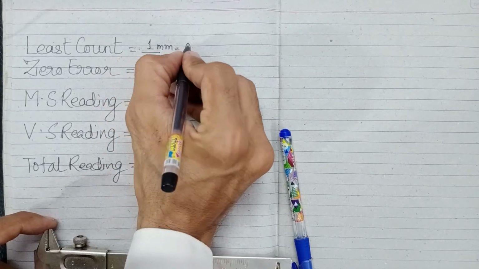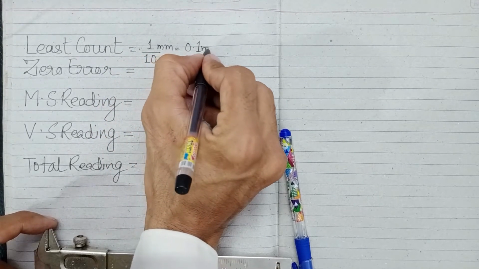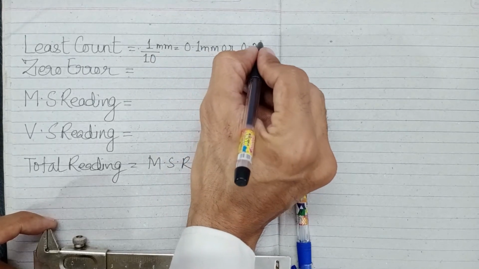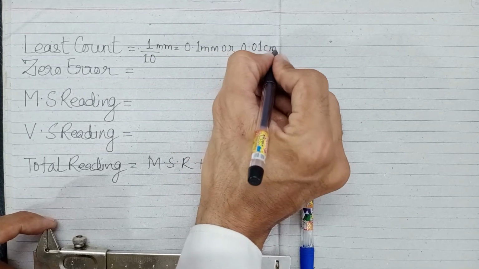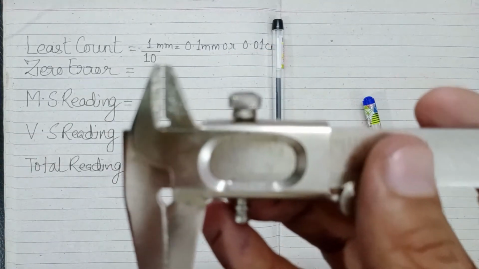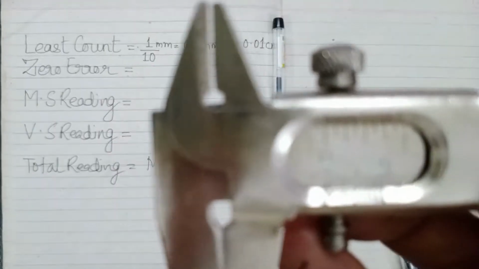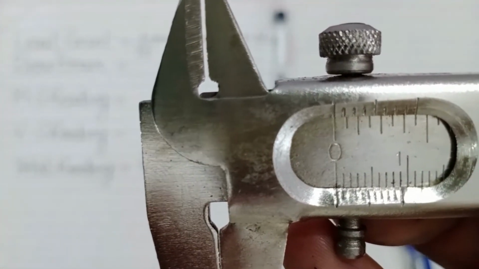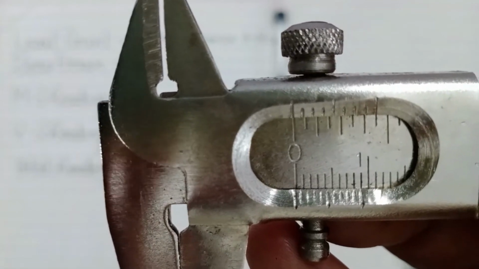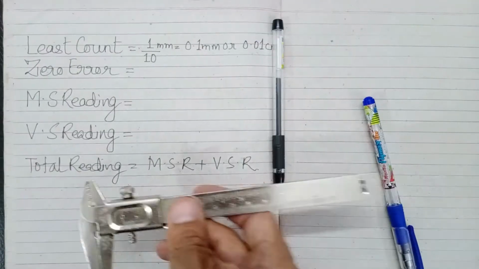So this is our least count in millimeter, or 0.01 centimeter. Now if we see this instrument close by, you can see that the 0 of vernier scale coincides with the 0 of main scale. So this instrument has no zero error.